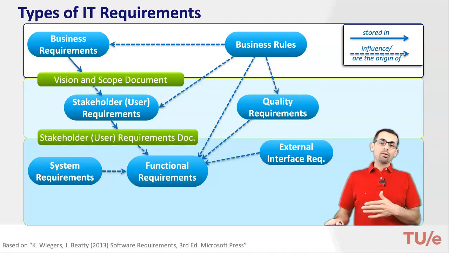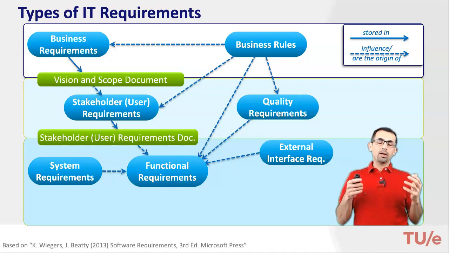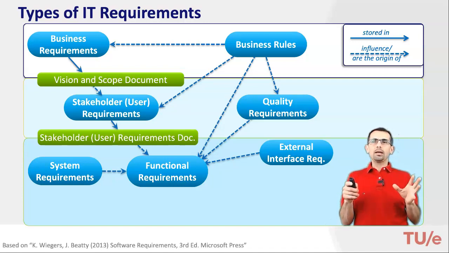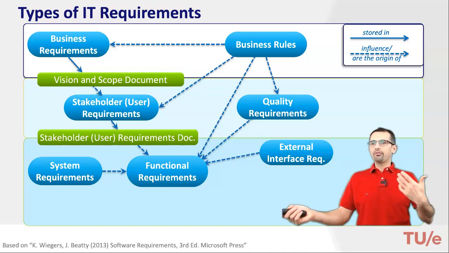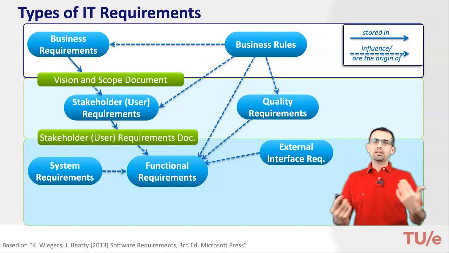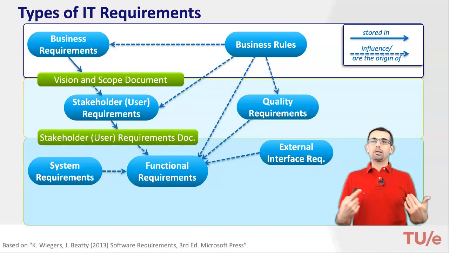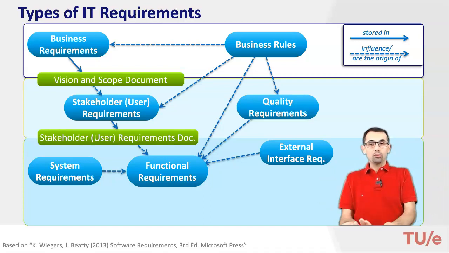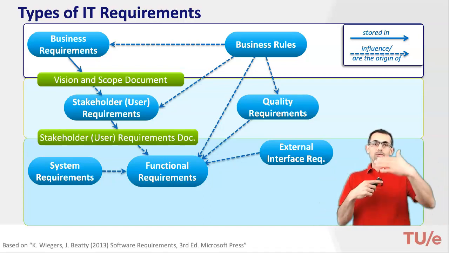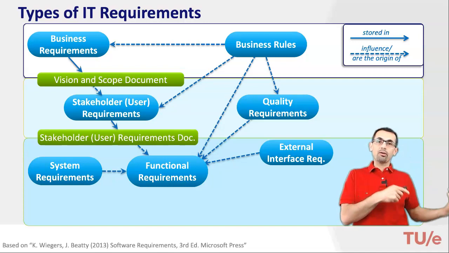External interface requirements. These days, particularly, you can't think of any software system that does not interact with its environment. So it's extremely important to define what kind of information that particular system will exchange with its outer world: with other systems, with the users first of all through user interfaces, and with software interfaces.